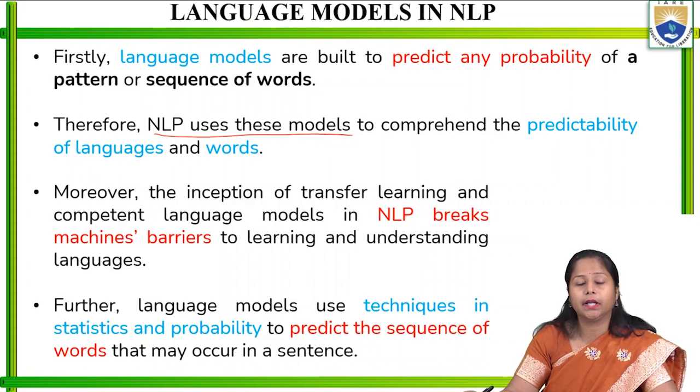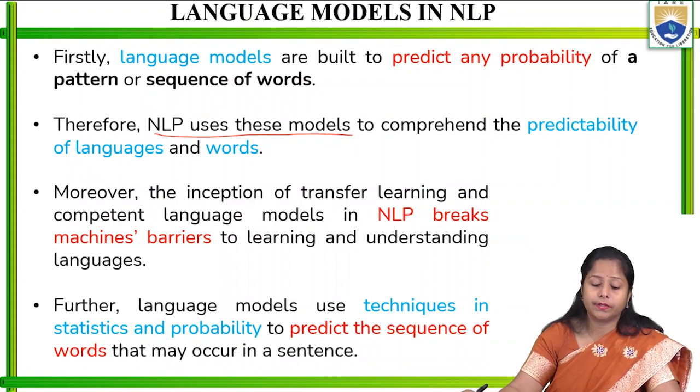That is called predictability, when we predict the future of the sentence, what is going to occur next.